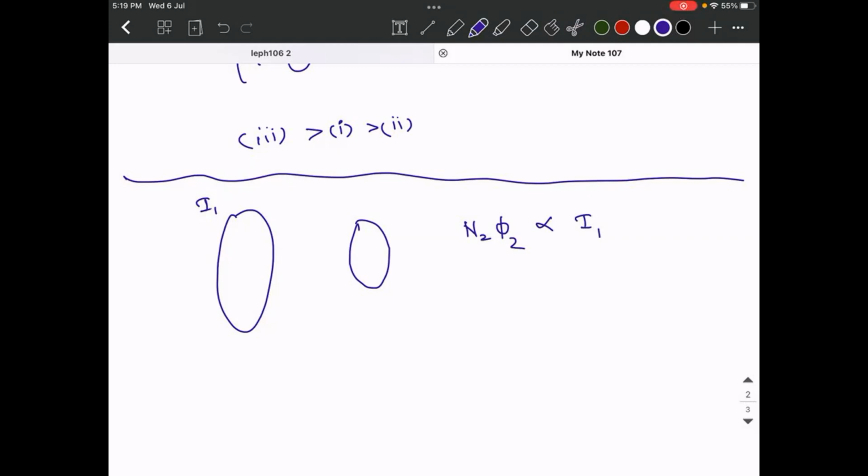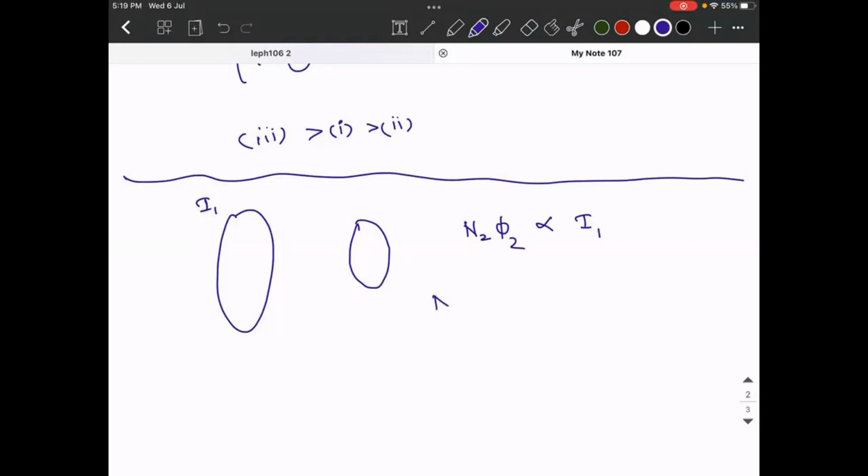If you once revisit the concept of self-inductance, there what did I write? The flux associated with the coil is directly proportional to its own current. Is that not the case? Right. Whereas in this scenario, what is happening? The flux associated with the second coil is proportional to the current that is passed through the first coil.